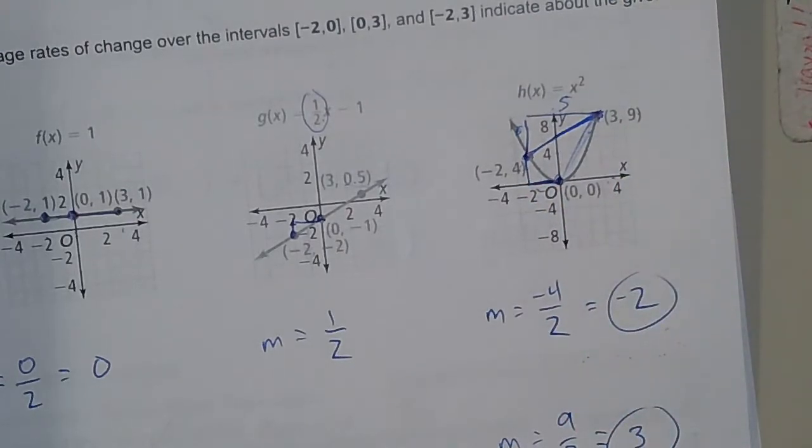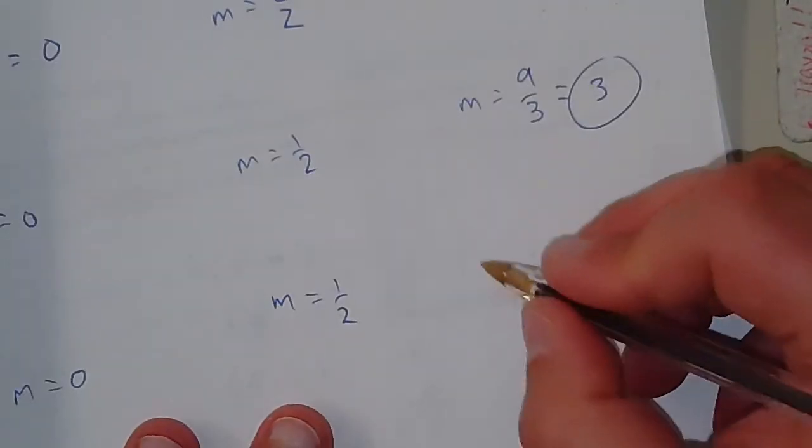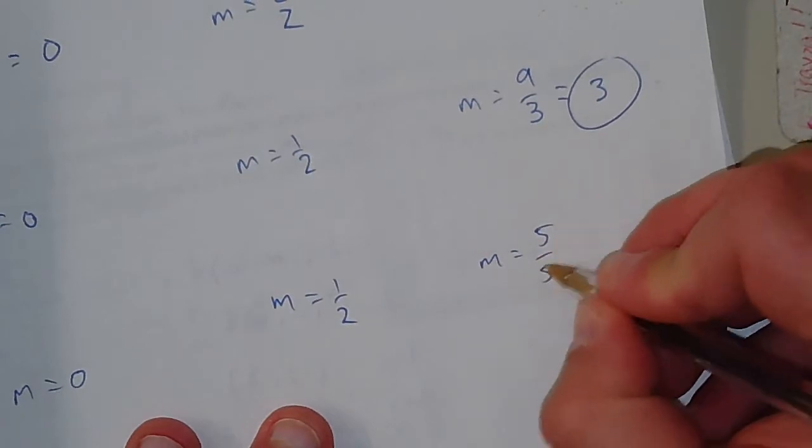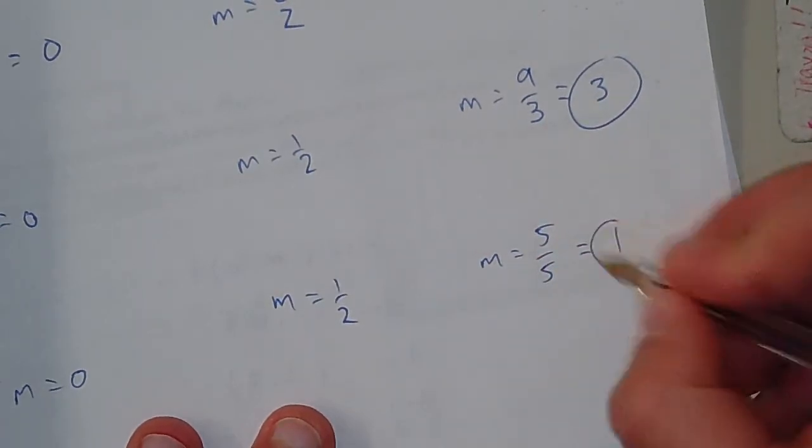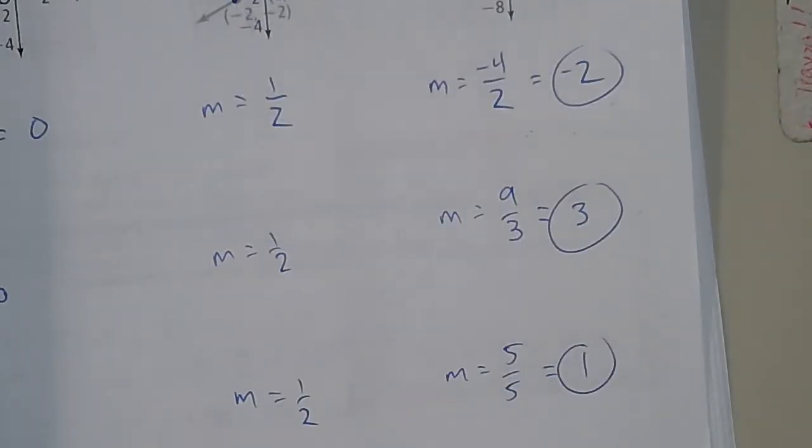So we just got to count there. So we're going up 5, right 5. So that slope, 5 over 5, is 1. And like I said, we should kind of expect to get all different answers there because the graph's doing different things on every one of those intervals. It's not just a constant line the whole way through there. So that's pretty much that.